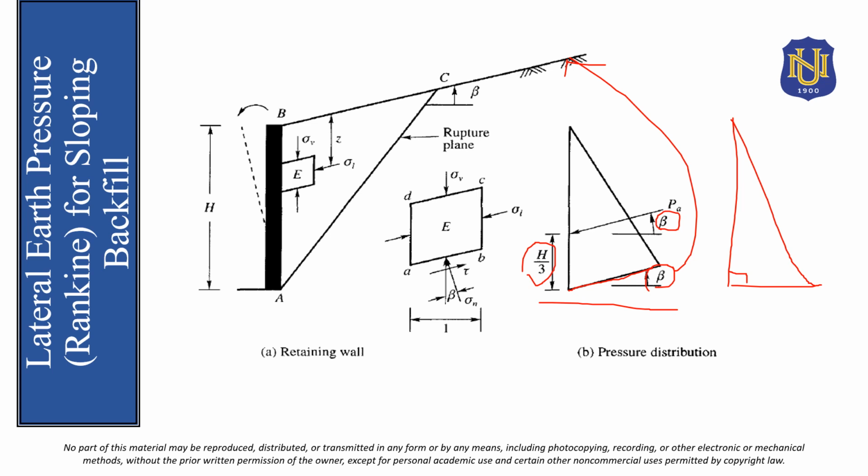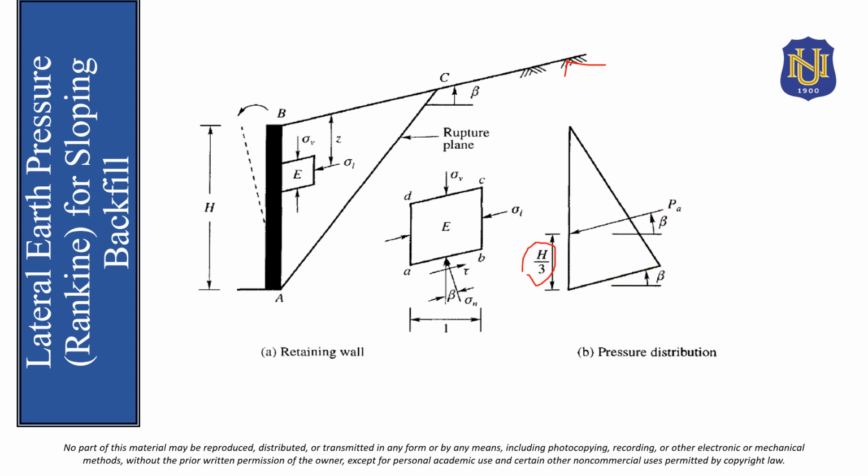So, we can have an equation for the pressure equivalent to gamma H Ka. That is the lateral earth pressure corresponding to the one at the bottom, which is this.